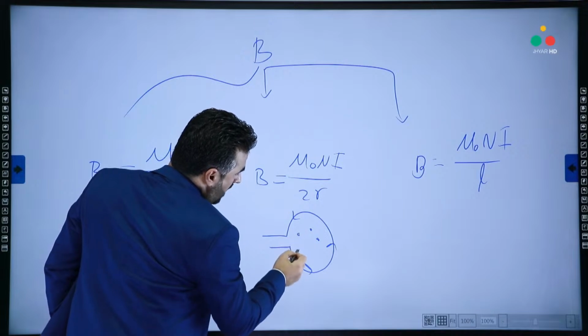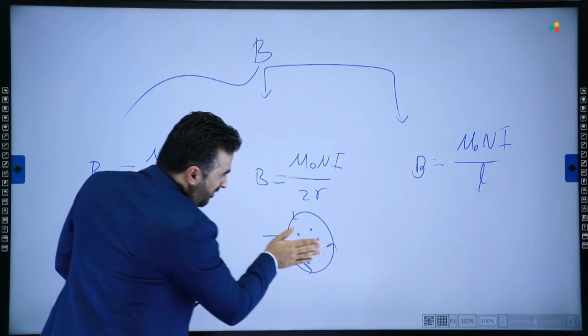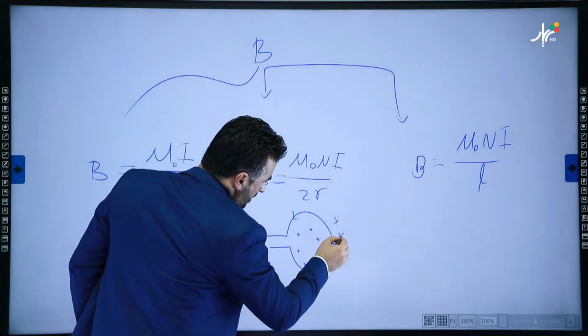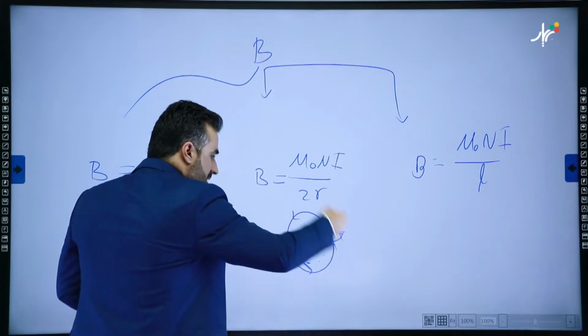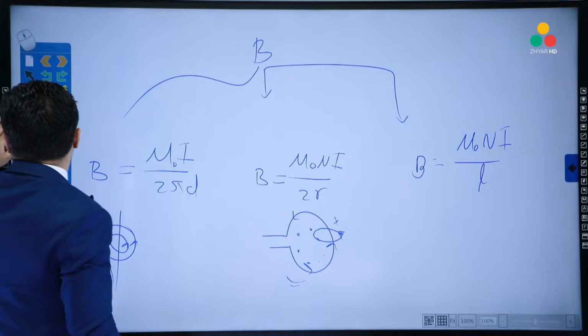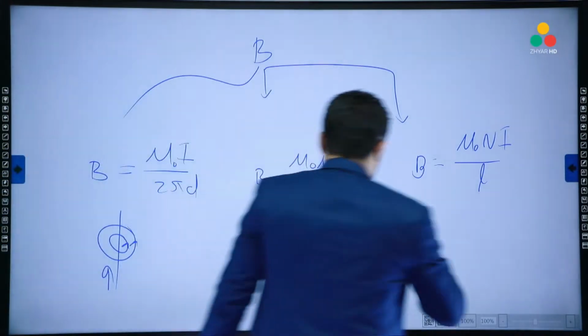That is inside the coil, but outside the coil it goes inward. So it forms a circle like this, a concentric circle all around the coil. Next, if it is a solenoid, we will see that later on.